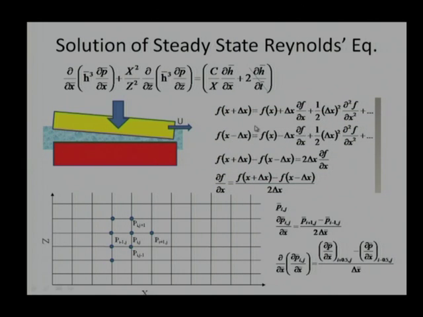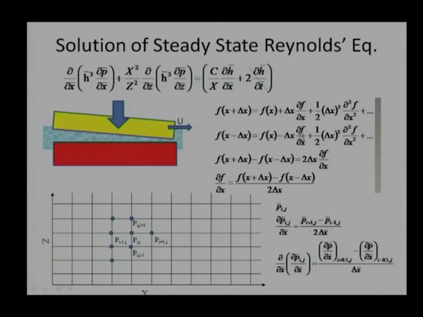We know the Taylor series: if x is defined and there is some delta increment, the series can be expressed in terms of f of x plus delta x, the first gradient of f with respect to x, and a second term. Similarly, with a slight difference in sign, x minus delta x can also be represented as f of x minus delta x.